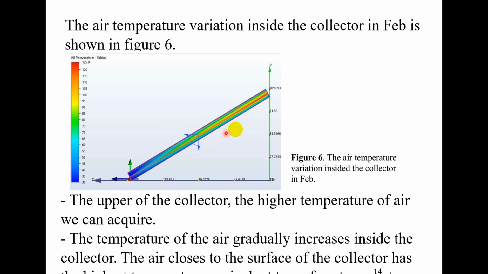You can see that the air temperature varies inside the collector: toward the upper part of the collector, the higher the air temperature we acquire. The air near the collector is the hottest because the surface of the collector is hot.